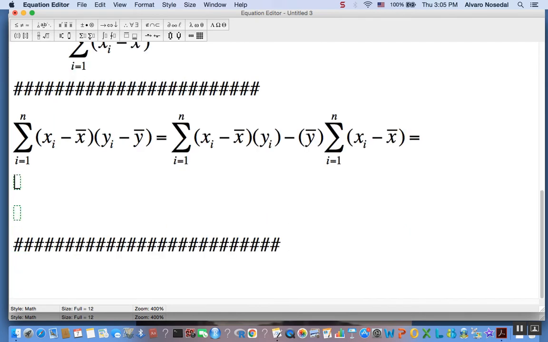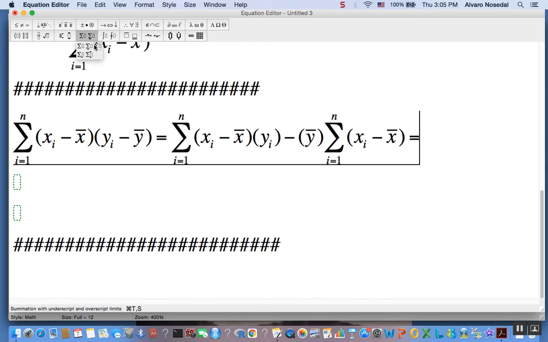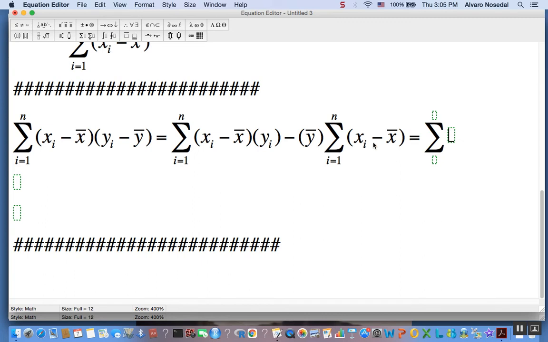So this one is 0, right? So we only have summation of xi minus x bar times yi.